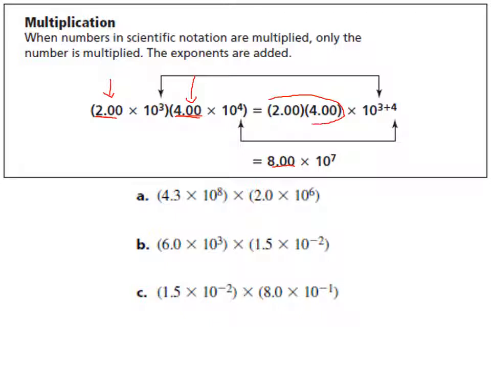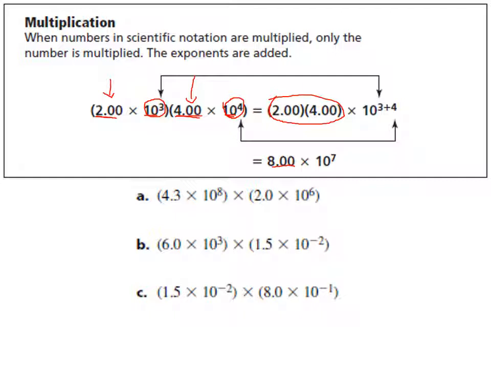So first you multiply the coefficients, and then you multiply the tens to the power of numbers, your base and your exponents. When you do that, because they're both a base of 10, because you're multiplying, you add their exponents up.